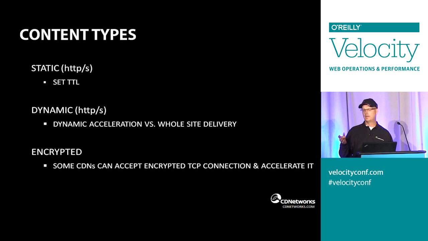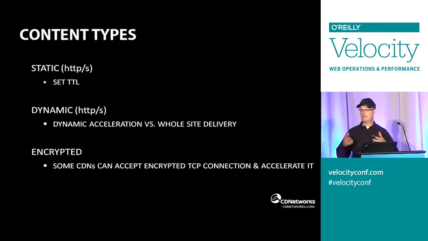Dynamic content, just to clarify two other wording choices here, the difference between dynamic acceleration and whole site delivery. When I talk about dynamic acceleration in this presentation, I'm going to mean where the CDN, or let's say a WAN acceleration vendor, is actively doing something to improve performance in the first mile, the middle mile, and the last mile, as opposed to what somebody might call whole site delivery, which is more of just a relay.